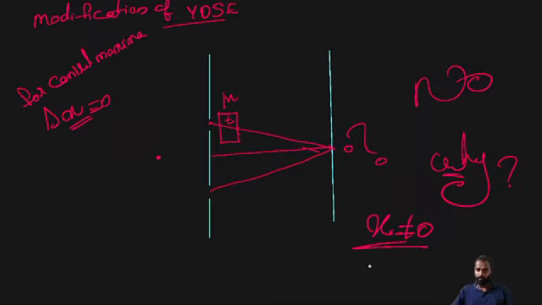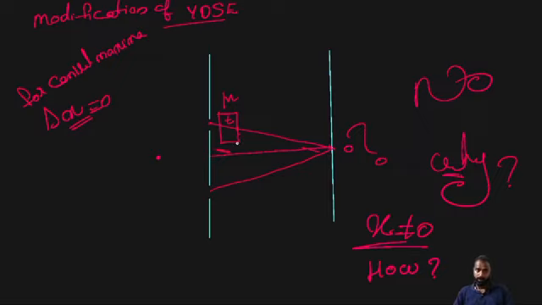Then another question. How? First question: is it a central maximum? The answer is no. Then we have to ask why. Why? Delta x is not 0. How is delta x not 0? Due to this glass slab.